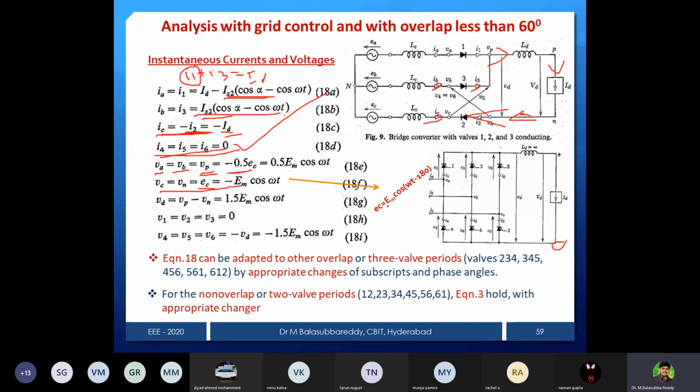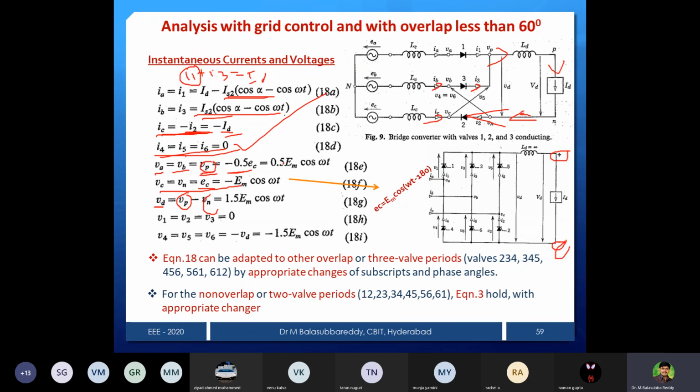Then VD is nothing but VP minus VN. VP is minus 0.5 EC, and EN is minus EM cos omega t, so this is 0.5 EM cos omega t.